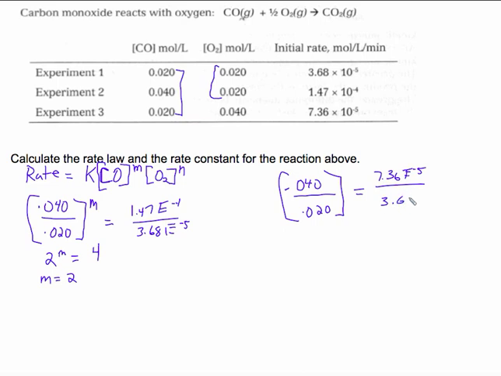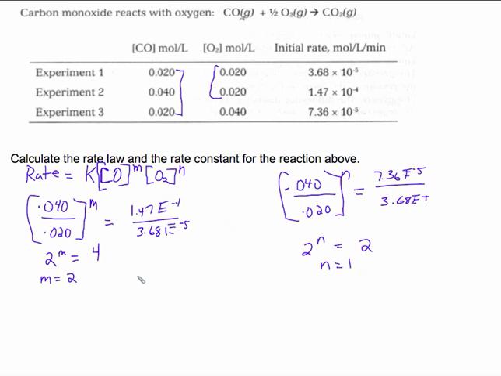divided by 3.68 e to the minus 5. Notice how I had experiment 1 here, experiment 3 here. So then you're going to get 2 to some power n, which is going to equal those divided by each other, which is equal to 2. So n, therefore, will equal 1.